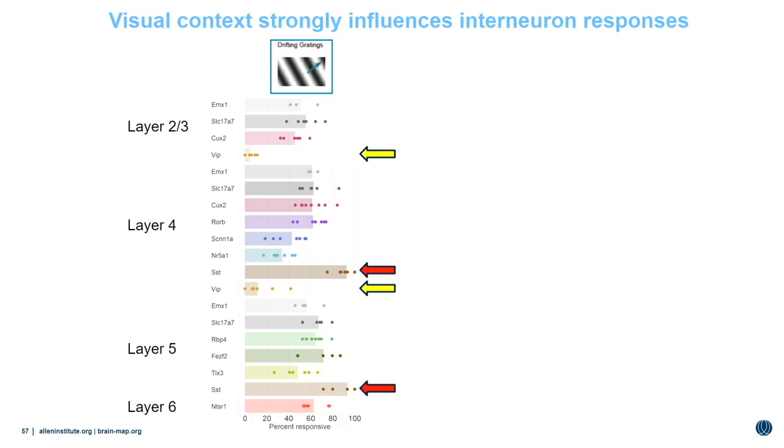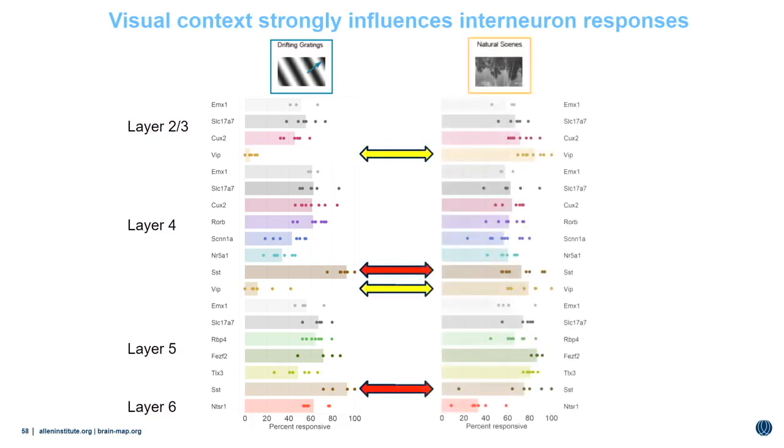The somatostatin interneurons, indicated by red as I just described, indeed do respond very strongly to these stimuli. So almost 100% of the cells respond to these large grating stimuli that fill the stimulus monitor. This is in contrast to the VIP neurons, which respond very weakly. Now, if we look at our natural scene stimuli, we see a very different picture in which both the somatostatin and VIP neurons respond very strongly.